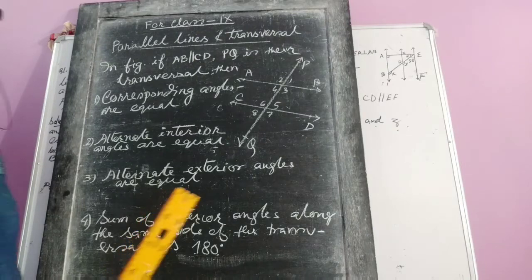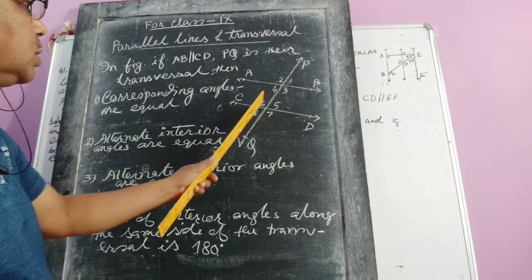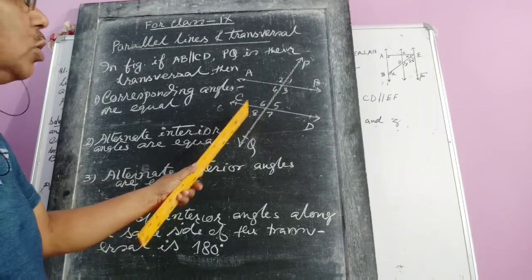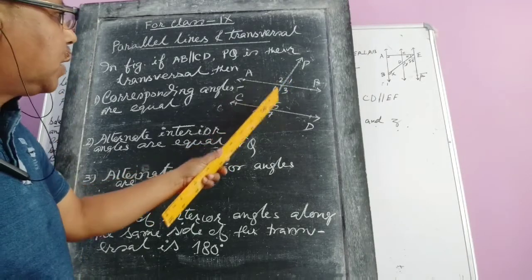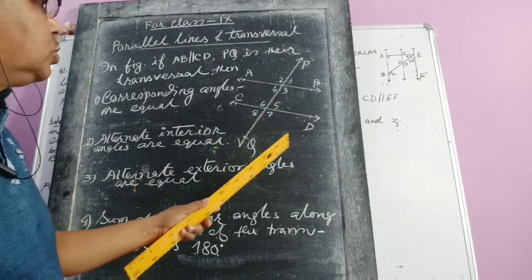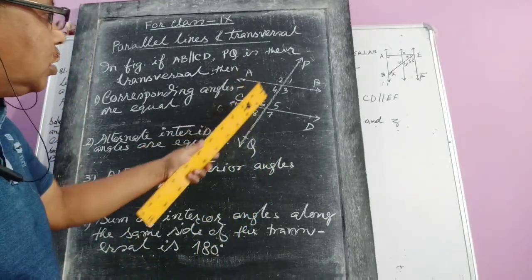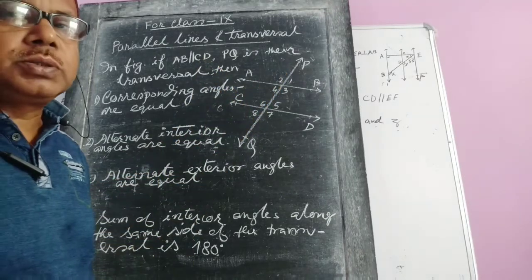There are some corresponding angles: angle 1 and angle 5, angle 2 and angle 6, angle 3 and angle 7, angle 4 and angle 8. Alternate interior angles are angle 3 and angle 6, and angle 4 and angle 5. Alternate exterior angles are angle 2 and angle 7, angle 1 and angle 8.